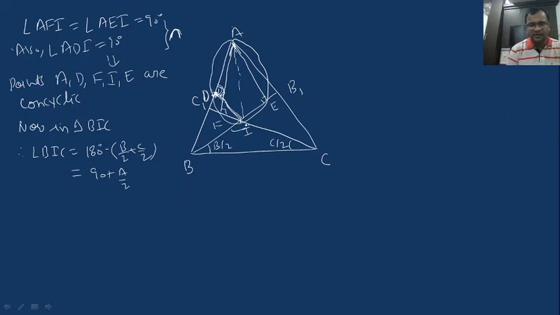If this angle is 90 plus A by 2, then clearly opposite angles are equal. If we join F and E by means of a line segment, then clearly angle FIE is also 90 plus A by 2.